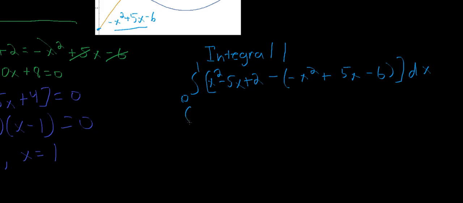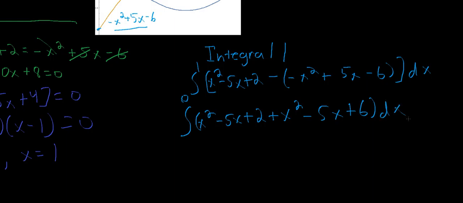Alright, so let's go ahead. You know my bounds are 0 and 1. I'm not going to keep writing that. I'm lazy. Now we have x squared minus 5x plus 2 plus, because I distribute the minus sign, x squared minus 5x plus 6, all with the dx.